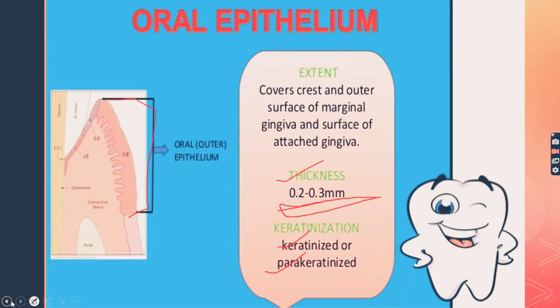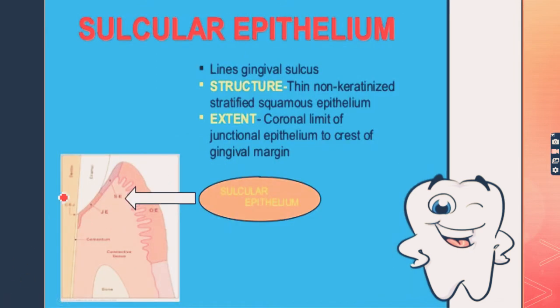Now come to sulcular epithelium. It lines the gingival sulcus and the structure is thin, non-keratinized stratified squamous epithelium, and it extends between the coronal limit of the junctional epithelium to the crest of the gingival margin. Here, look at this. This is sulcular epithelium.